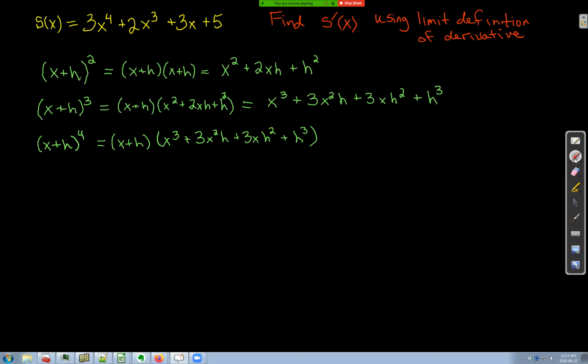But when you gather up all the like terms, you'll have an x to the 4th, plus 4x cubed h, plus 6x squared h squared, plus 4x h cubed, and plus h to the 4th.